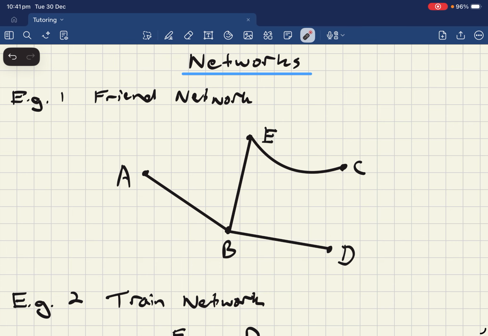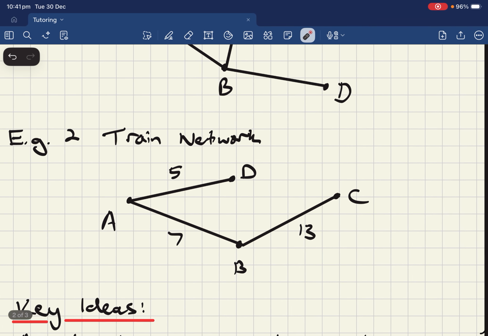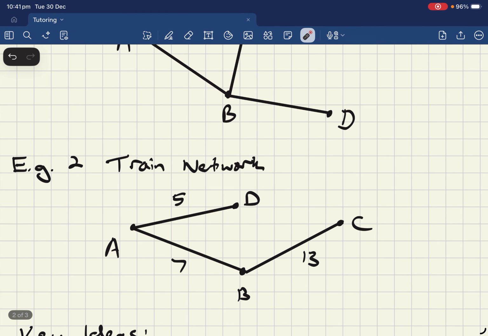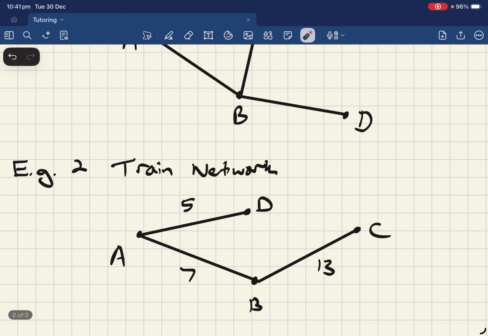Vertices is the plural. Now, one example that you may have come across is a train network. If you catch public transport, you know that trains have different stops, okay? So here's stop A, and this connects to stop B, stop D as well, and B connects to C here as well. What you can see here is that I've labeled these edges with these numbers.